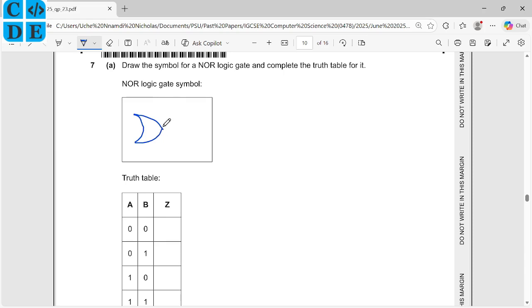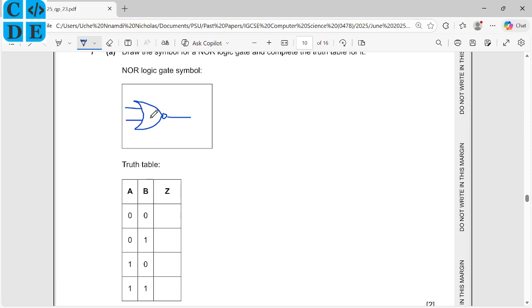Because it's a NOR gate, you need the sign of the NOT symbol right there, and then a minimum of 2 inputs. Then you have the output. Okay, so this serves as the output. So that is the symbol. That's basically how to draw it.